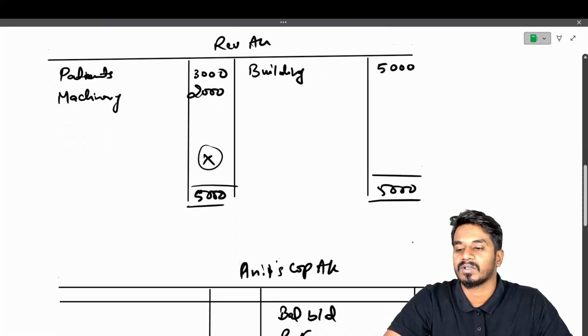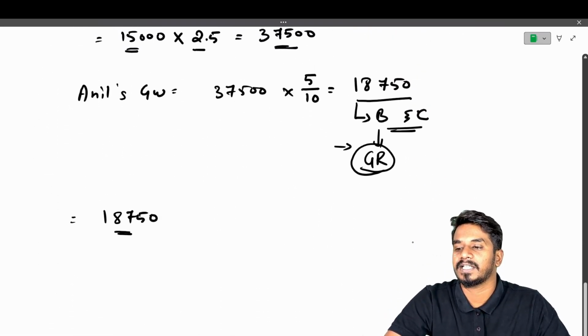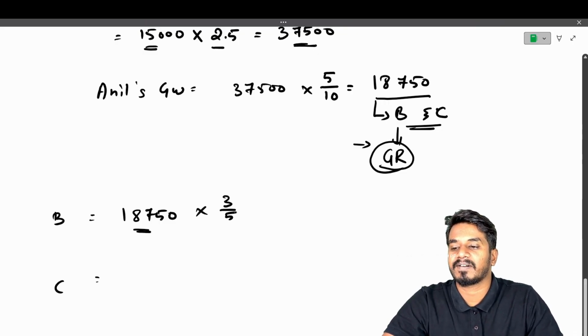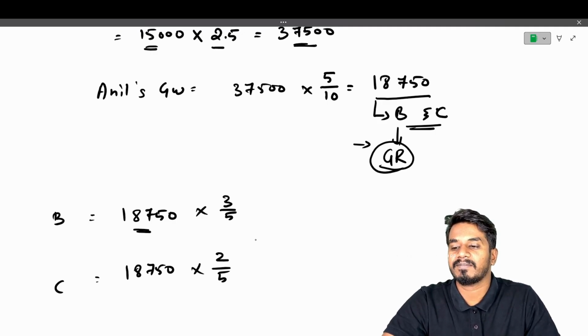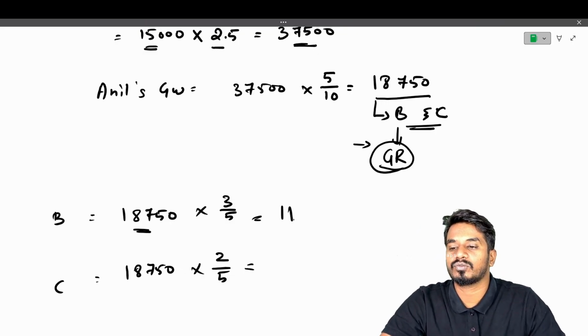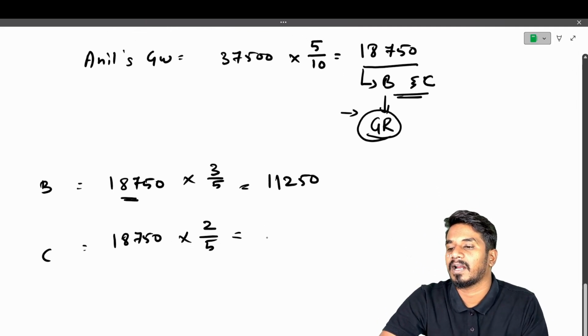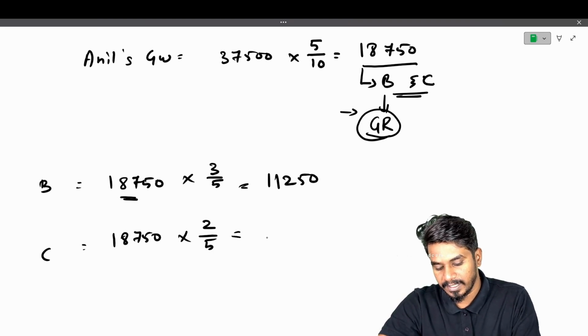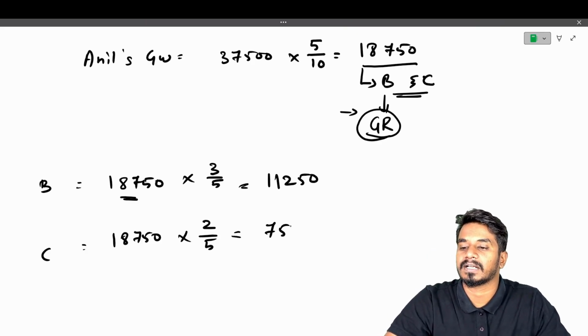3 is to 2. In what ratio are they giving? 3 is to 2. So Banu and Chandu: 18,750 into 3 by 5, and 18,750 into 2 divided by 5. How much is Banu compensating? 3 by 5, it is 11,250. And how much is Chandu compensating out of 18,750? 2 by 5, 7,500.